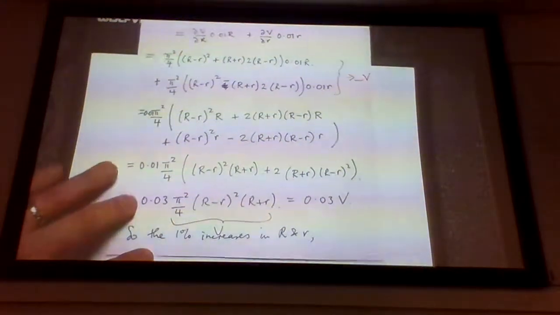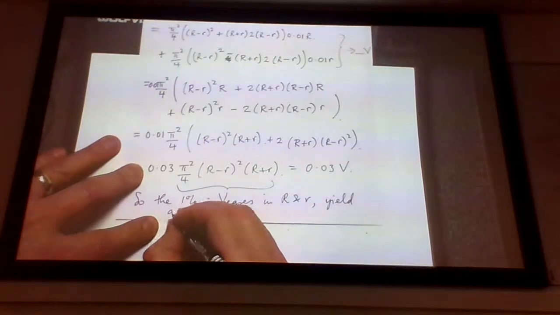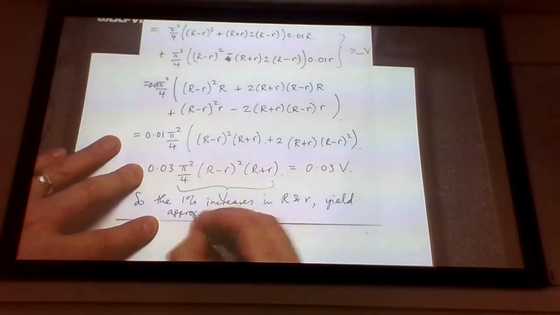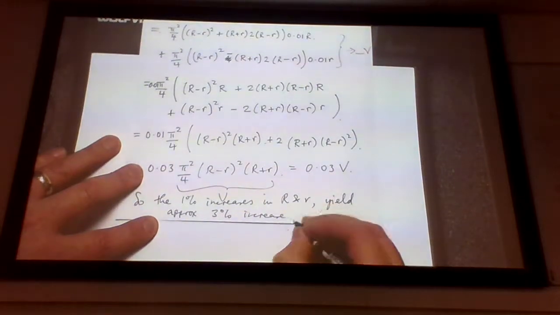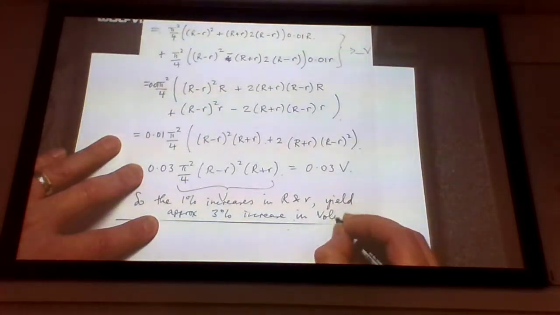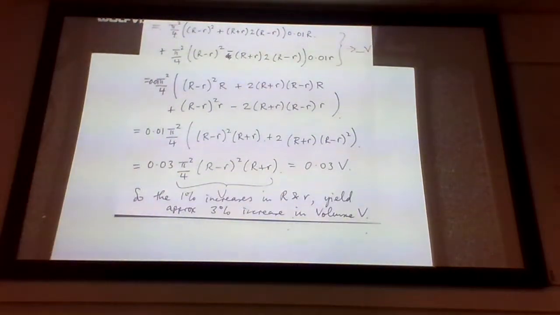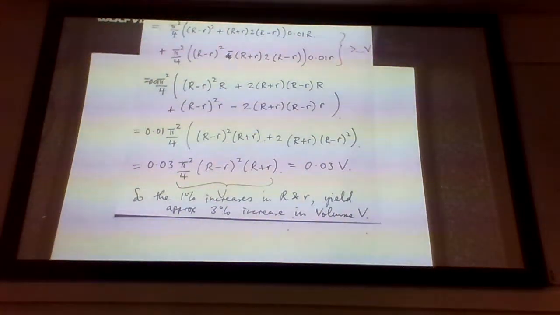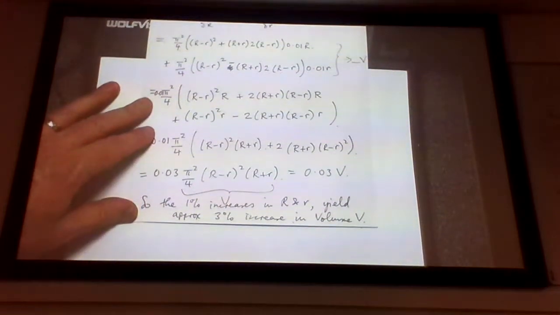So the 1% increases in the two radii yield approximately a 3% increase in the volume v. Okay, so that's an application of how the small increments formula can be used in situations like that.